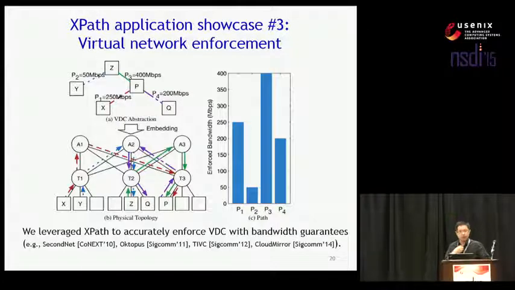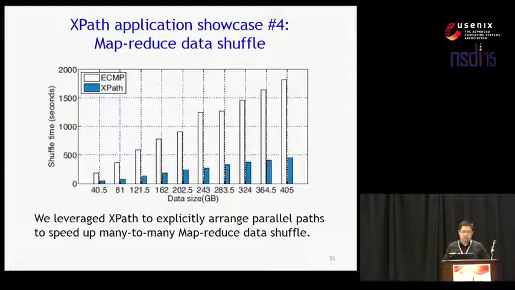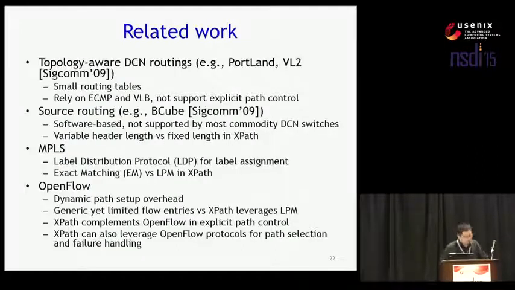In the first example, we also use XPath to speed up the data shuffle of MapReduce applications significantly. And this is the related work. We skip the details, and we have a detailed description of related work of XPath.